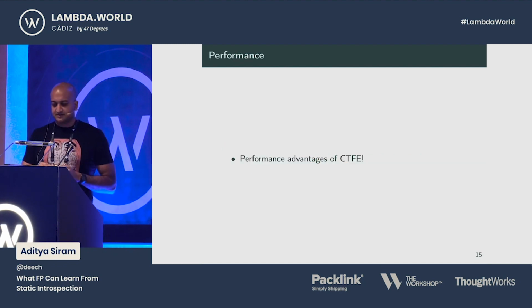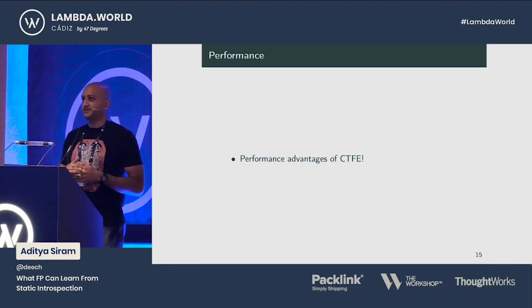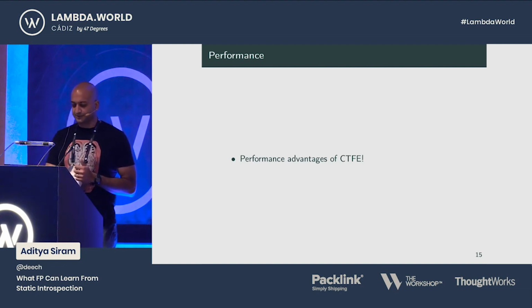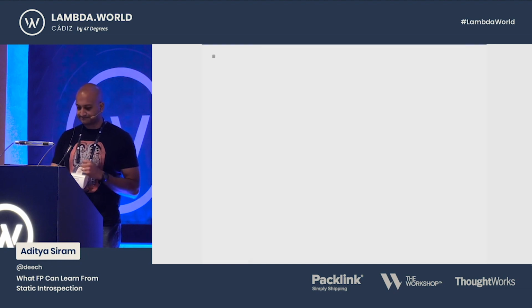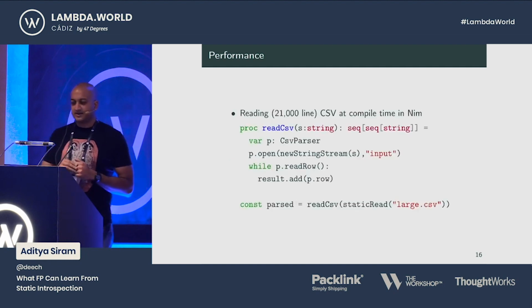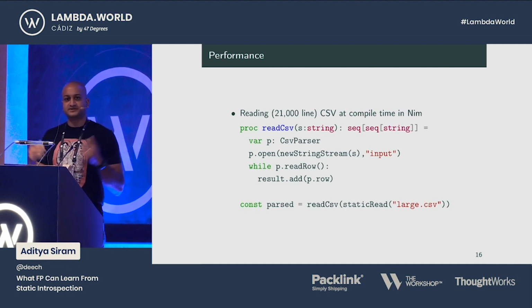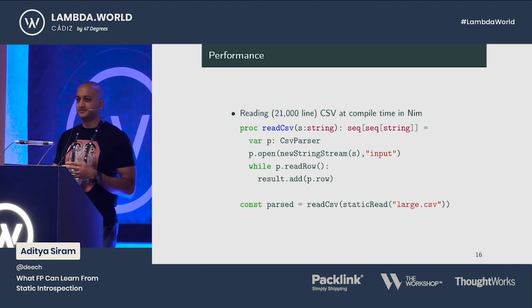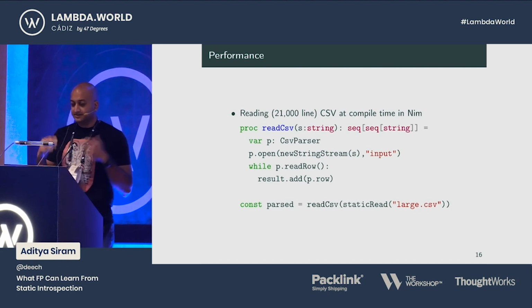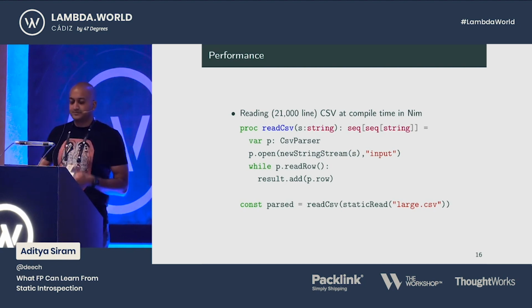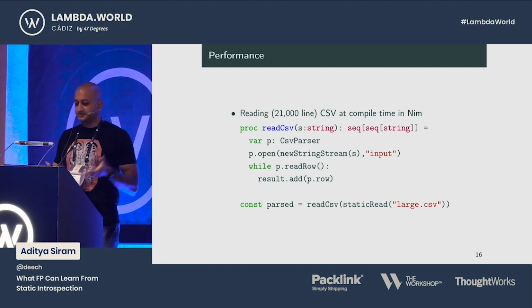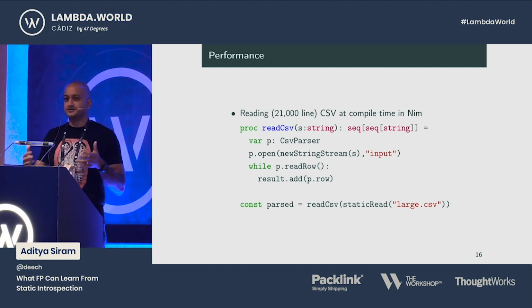So let's now talk about the supposed performance advantages of compile-time function evaluation, because this comes up a lot. Here I have a very small Nim method that parses a CSV, a comma-separated value file. This is doing it at compile time, but it could also do it at runtime. This method is in no way just compile time.